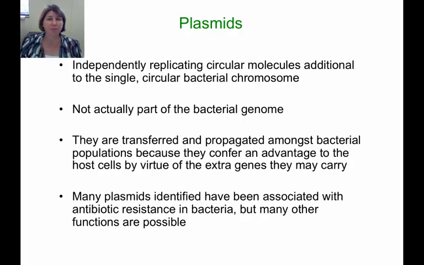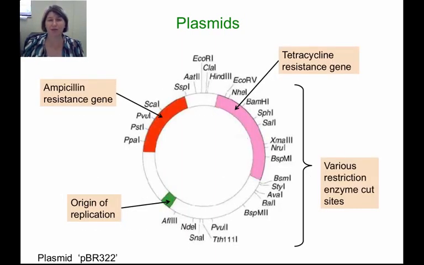So, for example, a plasmid which carries an antibiotic resistance gene will be of advantage to the bacteria, and so therefore will allow those bacteria to survive in the presence of an antibiotic, and therefore survive when the bacteria without that plasmid wouldn't survive.